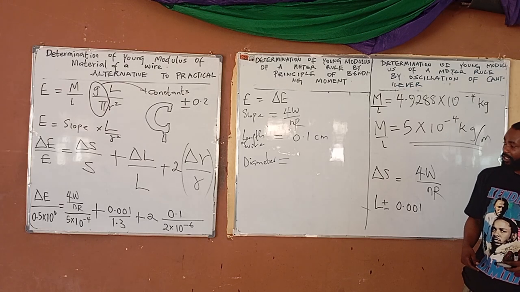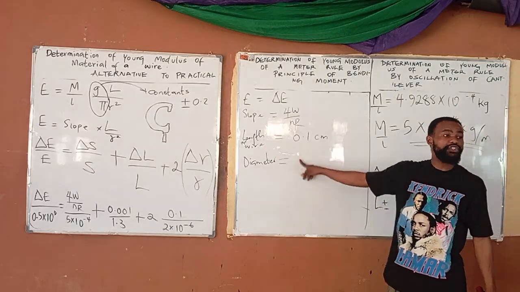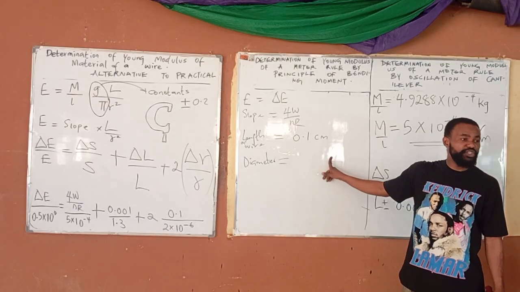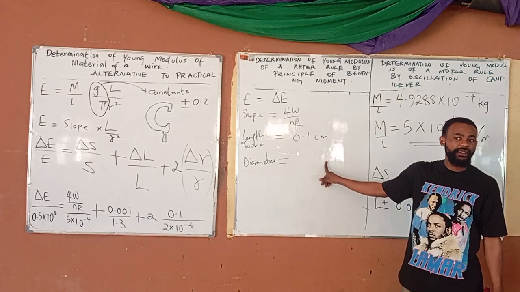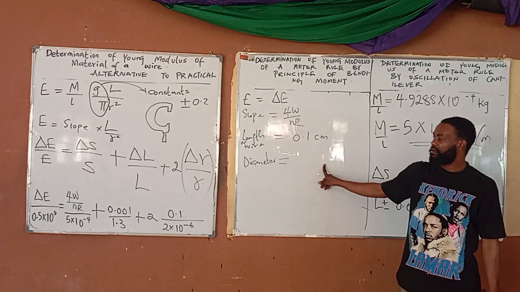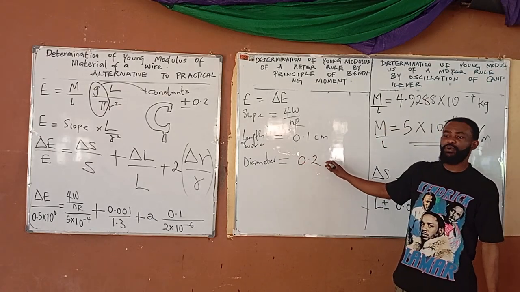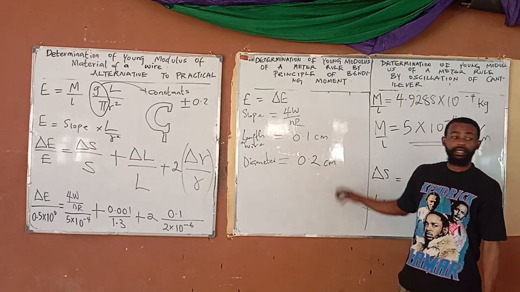The diameter of the wire. And they gave it to us as, this is where I'm supposed to use that 0.001. I've seen it, but in this case it was given. They gave me plus or minus something there. 0.2. And is it in centimeter or meter? cm.